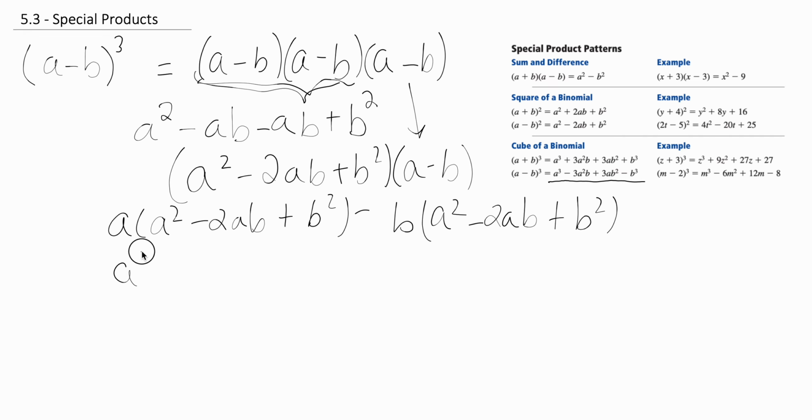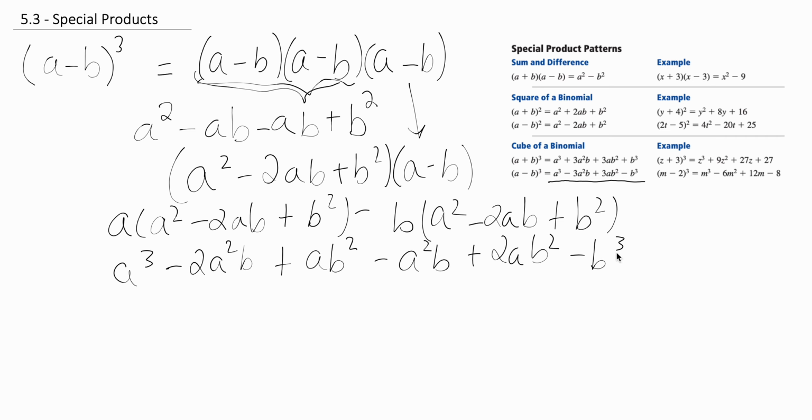We're going to get a cubed minus 2a squared b plus ab squared minus a squared b plus 2ab squared minus b cubed. We know that a cubed has no dancing partner to simplify with. We know minus b cubed has no dancing partner.